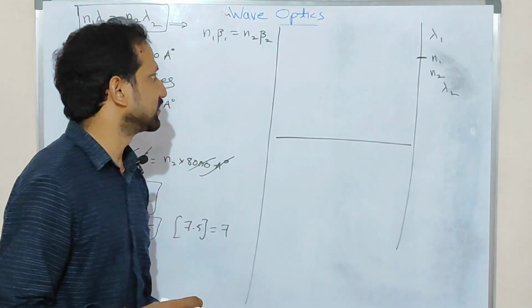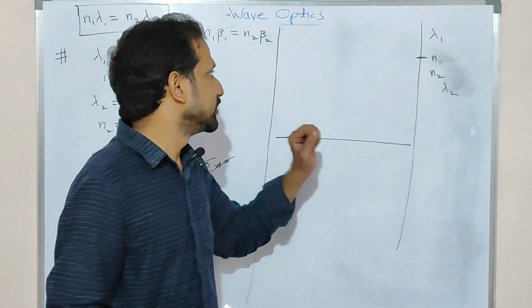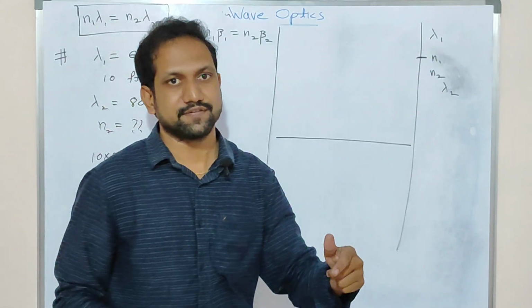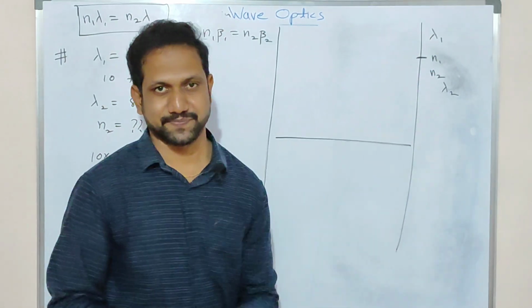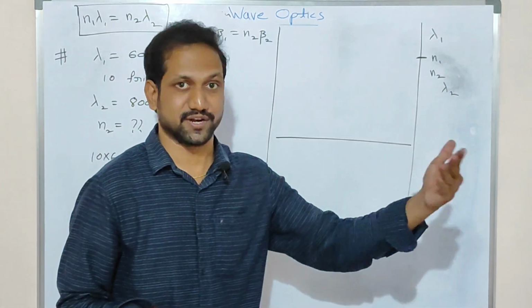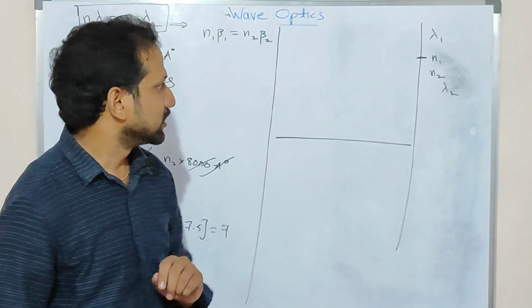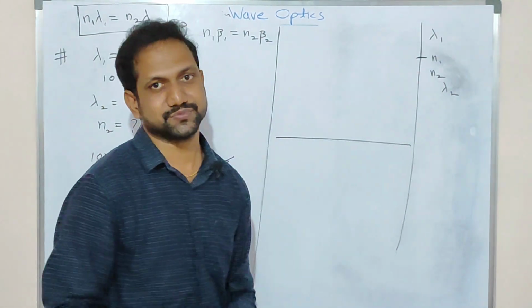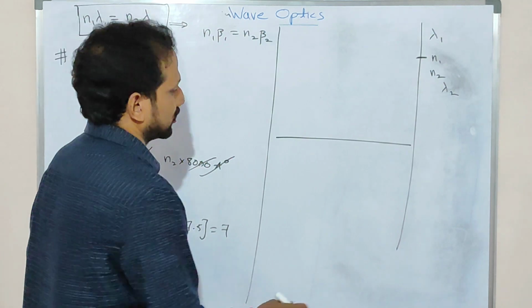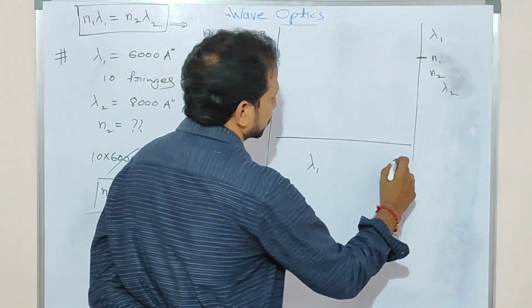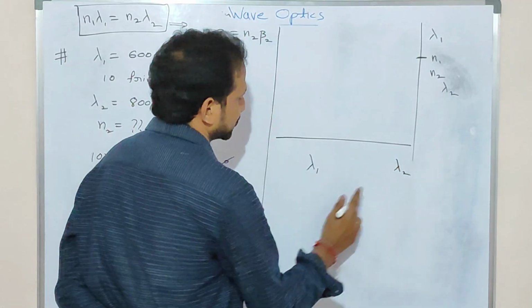Here we can have three cases. That is, the first wavelength bright fringe is coinciding with the second wavelength bright fringe. First wavelength dark fringe is coinciding with the second wavelength bright fringe. Similarly, first wavelength bright fringe is coinciding with the second wavelength dark fringe. And the remaining one case also we can have, like lambda 1, lambda 2, right?